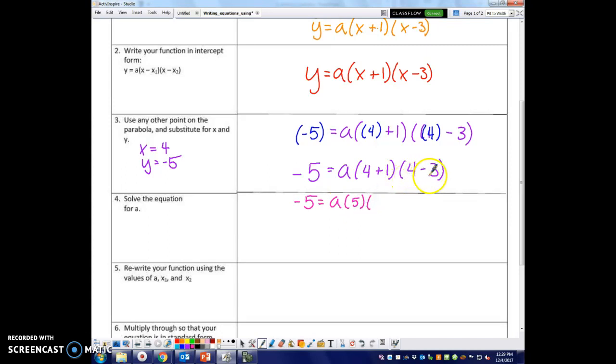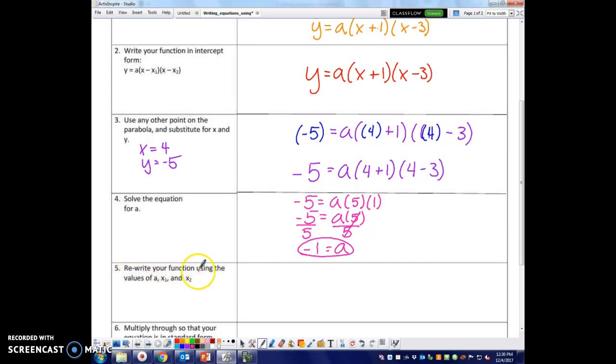And what's 4 minus 3? 1. Okay, so now we have negative 5 equals a times 5 times 1. What's 5 times 1? 5. So we're trying to get a by itself. 5 is being multiplied times a, so we need to divide by 5. This cancels, so we're just left with a. Negative 5 divided by 5 is negative 1. Okay, so we found our a.